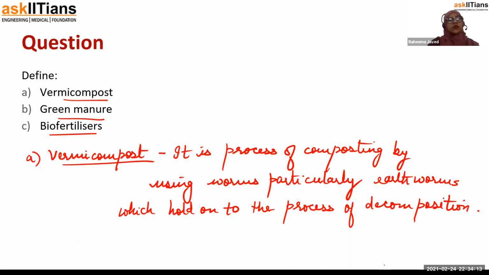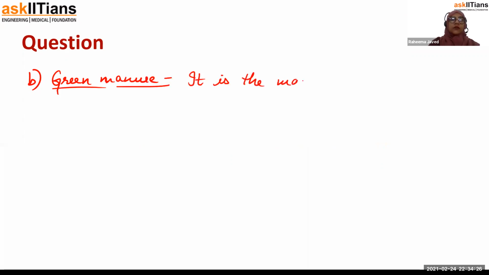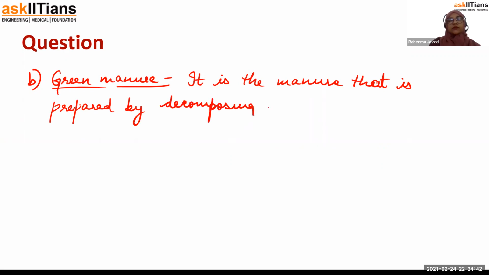Okay, so next we will define green manure here. Green manure, green manuring, it is the manure that is prepared by decomposing green plants. Then lastly, biofertilizers.